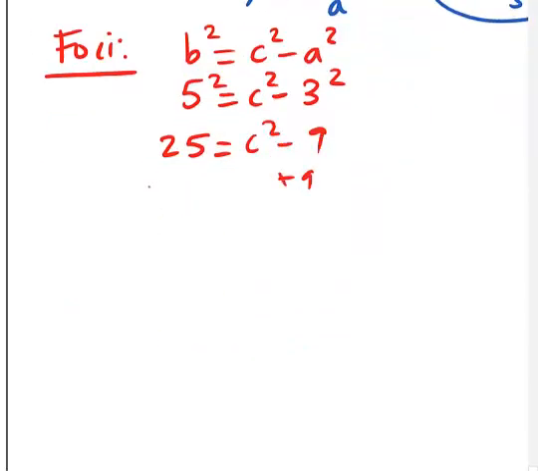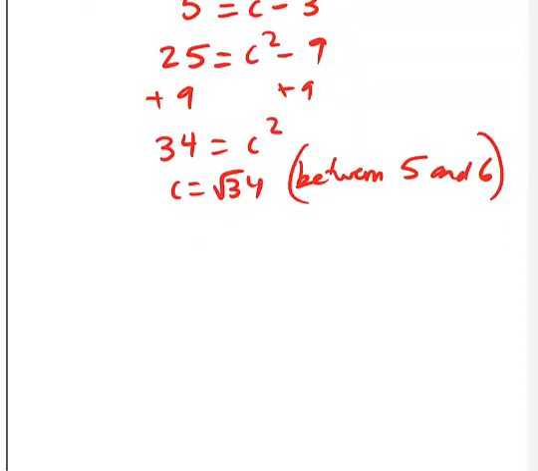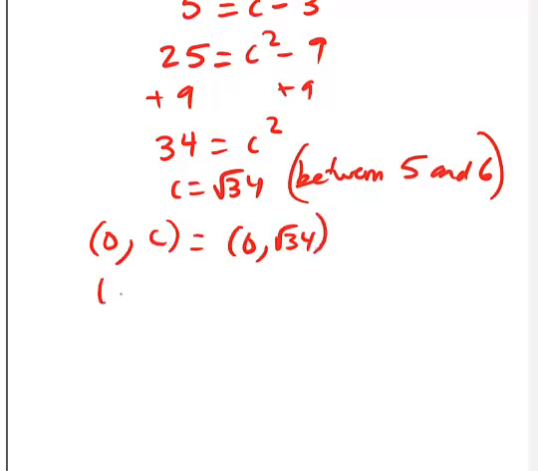If I move the 9 over, it'll be 34. So c must be the square root of 34, which is between 5 and 6. So the foci are at 0, square root of 34, and 0, negative square root of 34.